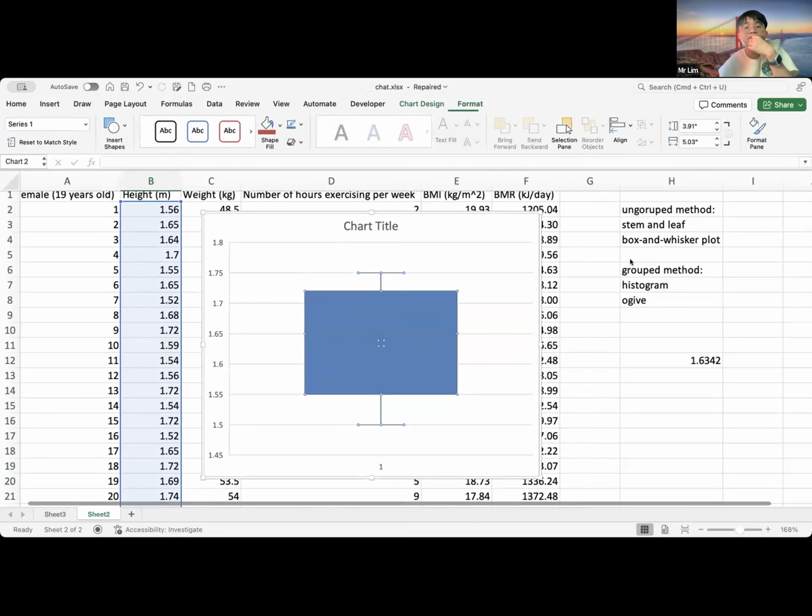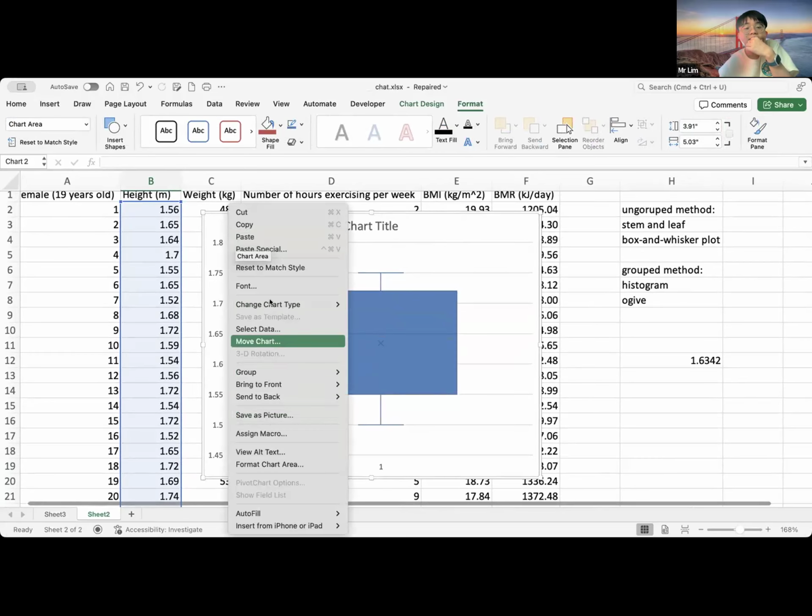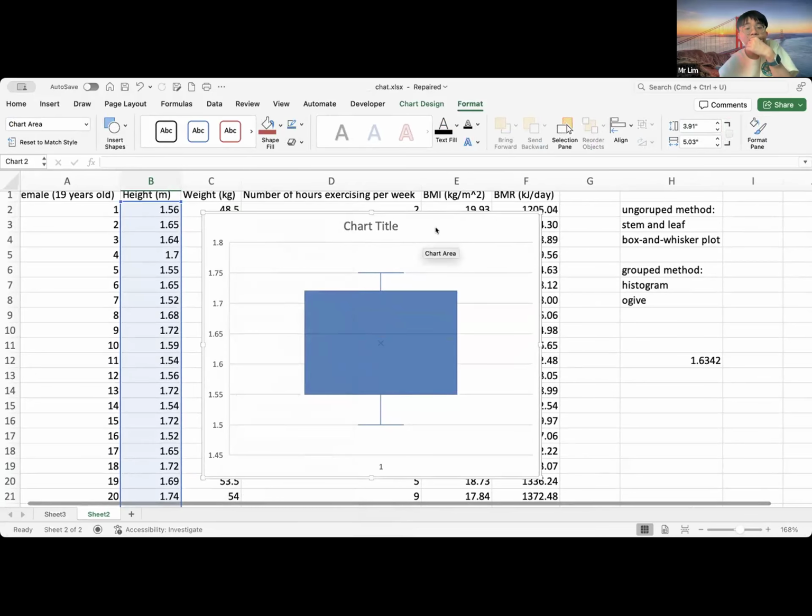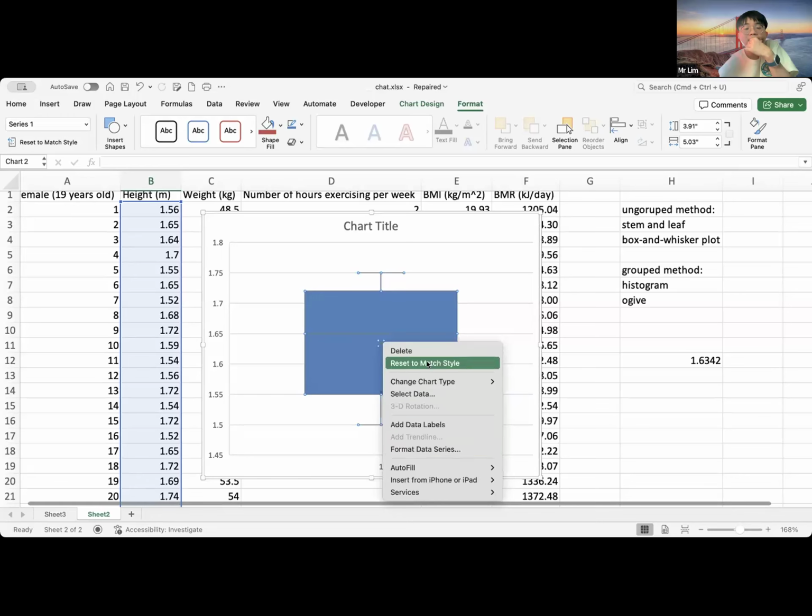Let's format it. Well, somehow you can't see it. Wow, well, how can you change this? Format, not this one.